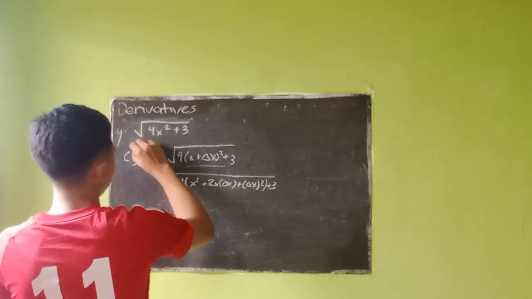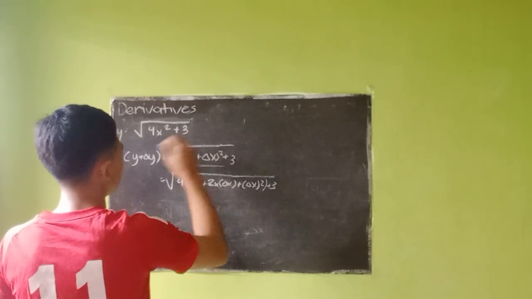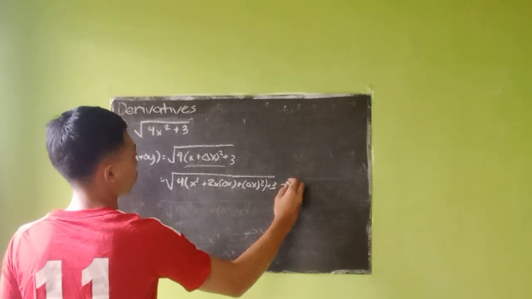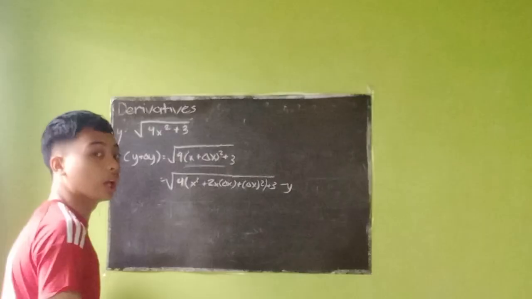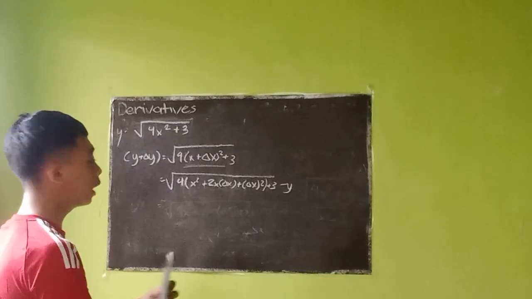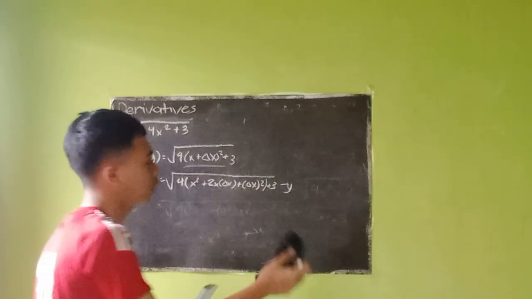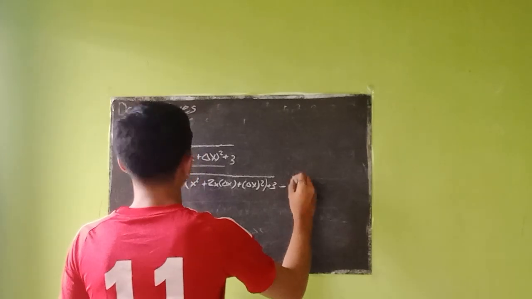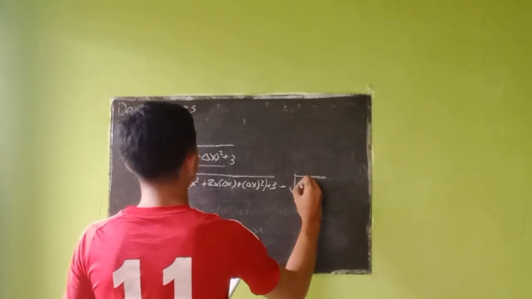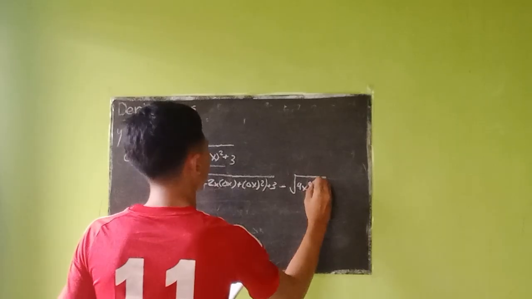Then we have to move y to the other side, which makes it minus y, and on that y we substitute again the original equation. So we'll say we have the square root of 4x squared plus 3.